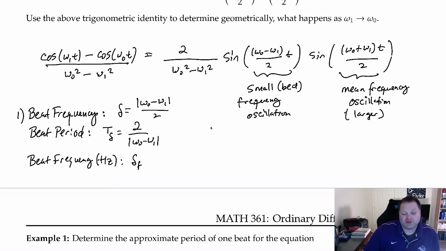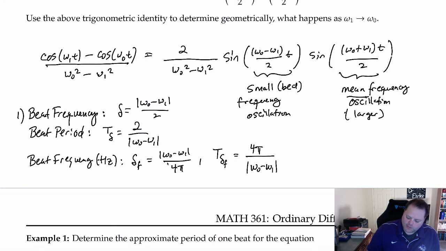Then you divide by 2 pi, you cancel out the radians part, and you just leave cycles per second, which is hertz. So it's the exact same value as before, but we divide by 2 pi, so it's really dividing by 4 pi. So this would be the beat frequency in units of hertz, which means that the beat period would be 4 pi over this amount here.